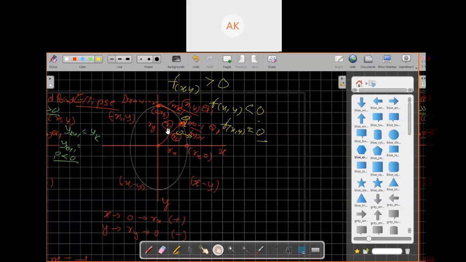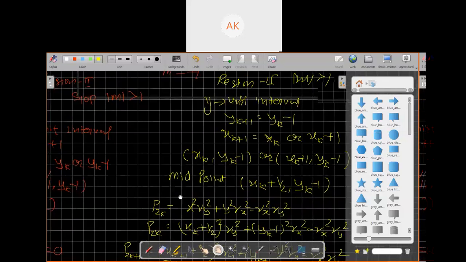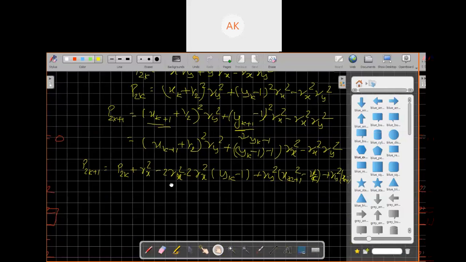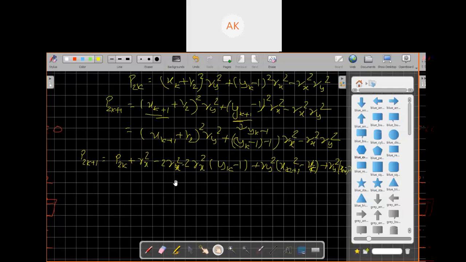So we do not need to calculate the initial decision parameter for region 2. We will directly calculate the next decision parameter, because the initial point we do not know. The last point we calculate in region 1 will be the first initial point for region 2.